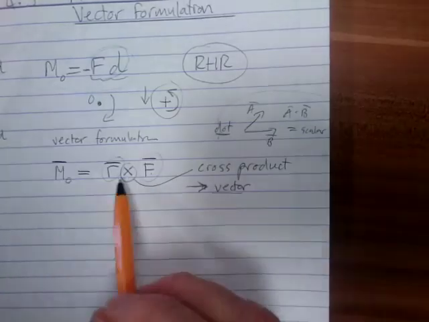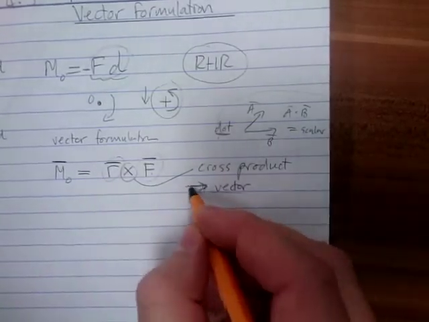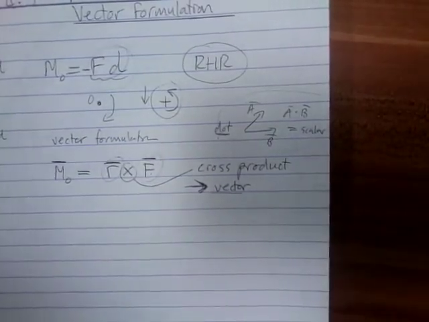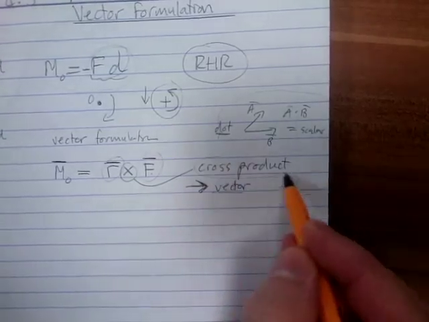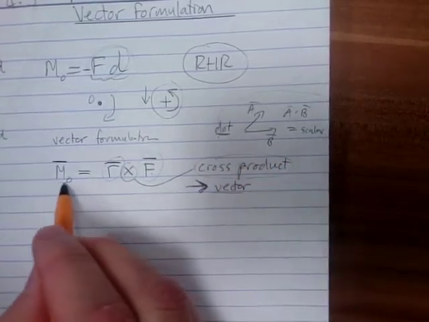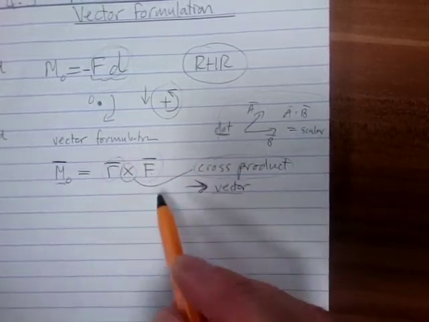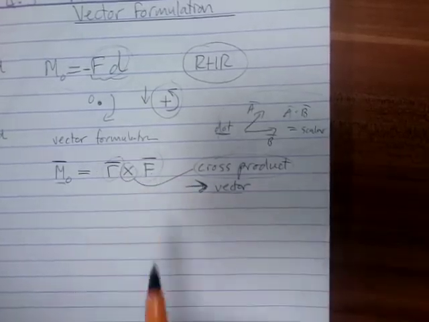Now, before we go into details of what R and F are, the first thing that needs to stick in our mind conceptually or intuitively is that we use the cross product to calculate our moment when we have our force and our moment arm in vector form.